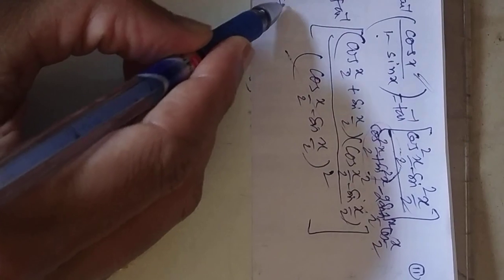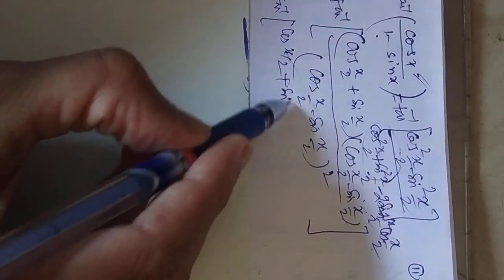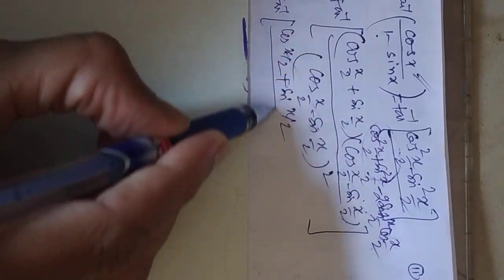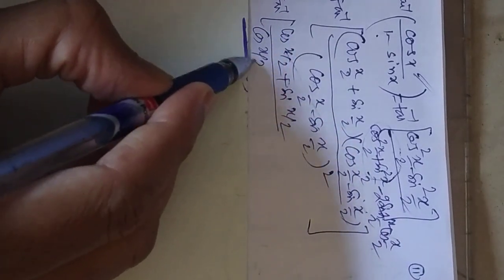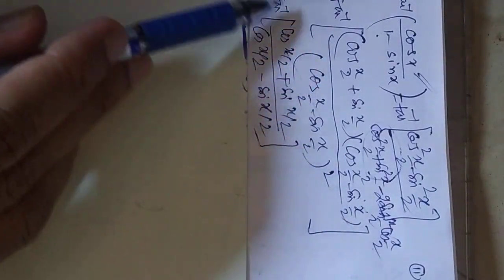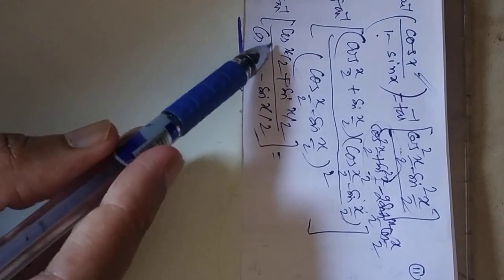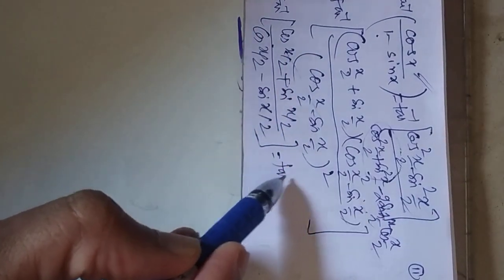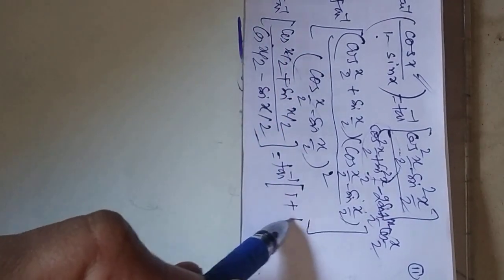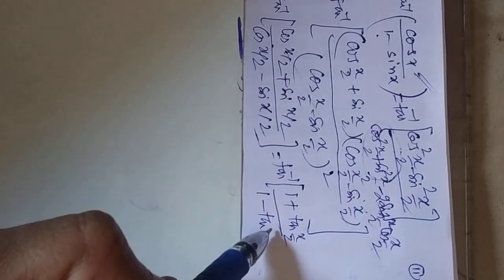And what is left? It will be tan inverse of cos of x by 2 plus sin of x by 2 divided by the denominator, cos x by 2 minus sin x by 2. Till this expression will be not same as that of the tan inside. So if you divide this by cos x by 2 in the bracket, then you will get 1 plus tan x by 2 upon 1 minus tan x by 2.